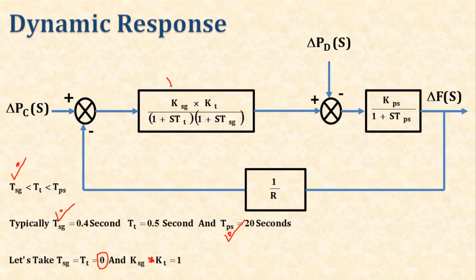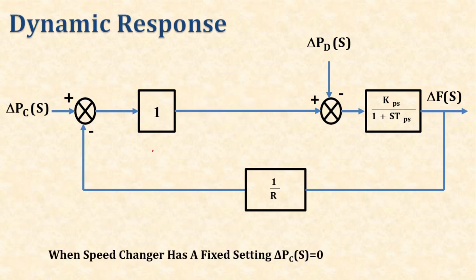So let us put TT equal to 0, TSG equal to 0, and KSG into KT equal to 1. The numerator will be equal to 1, and in the denominator we have (1 plus 0) into (1 plus 0), so the denominator is also equal to 1. So this entire block has a value equal to 1, and it will be replaced by a single constant with a value equal to 1. So this is the simplified block diagram.